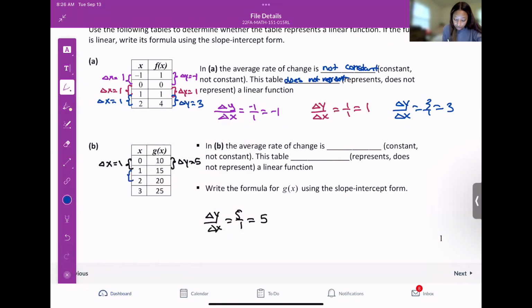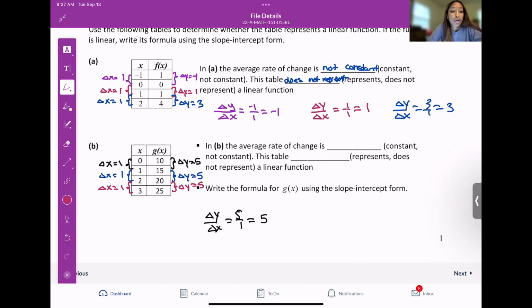We can see here that if you look at any pairs of points, the x values are going up by 1, and the y values are going up by 5. So we have a slope of 5. From 2 to 3, delta x is 1. From 20 to 25, delta y is 5. So in all 3 cases here, we see that the slope would be 5.